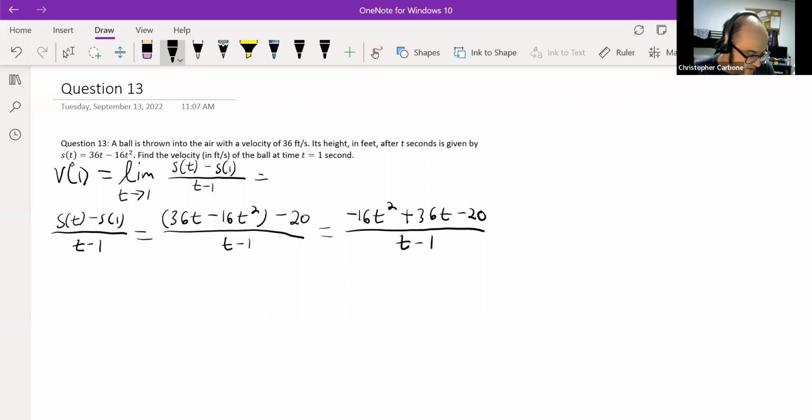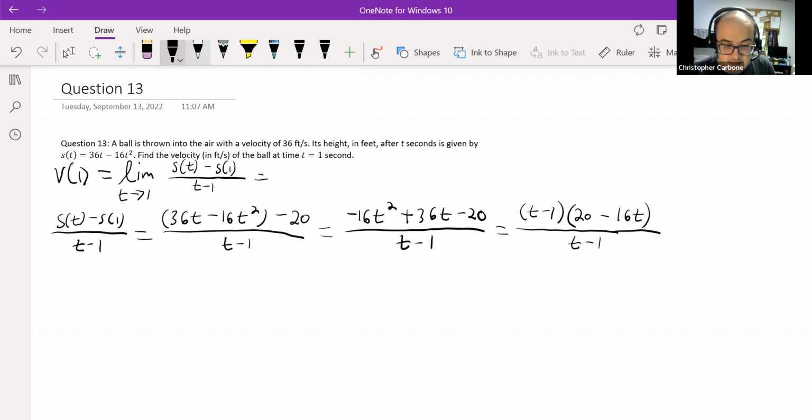So this does factor a bit. The numerator factors to be t minus 1 times 20 minus 16t. And this whole thing is divided by still t minus 1.